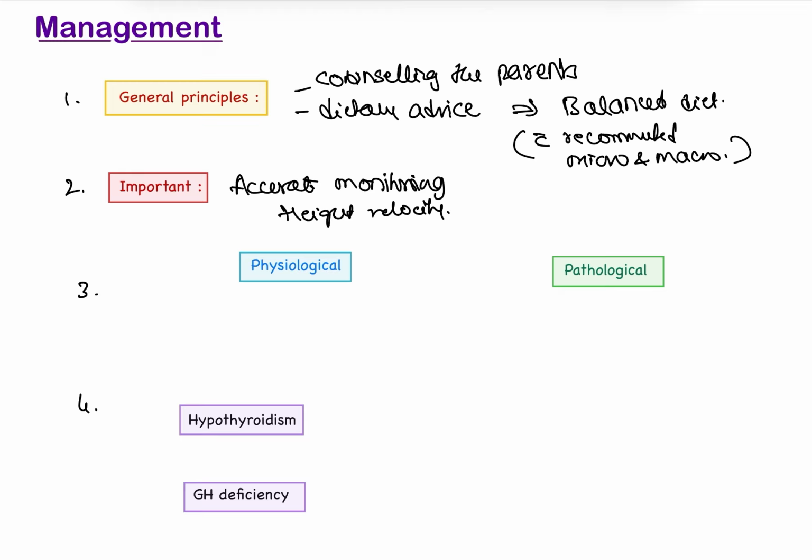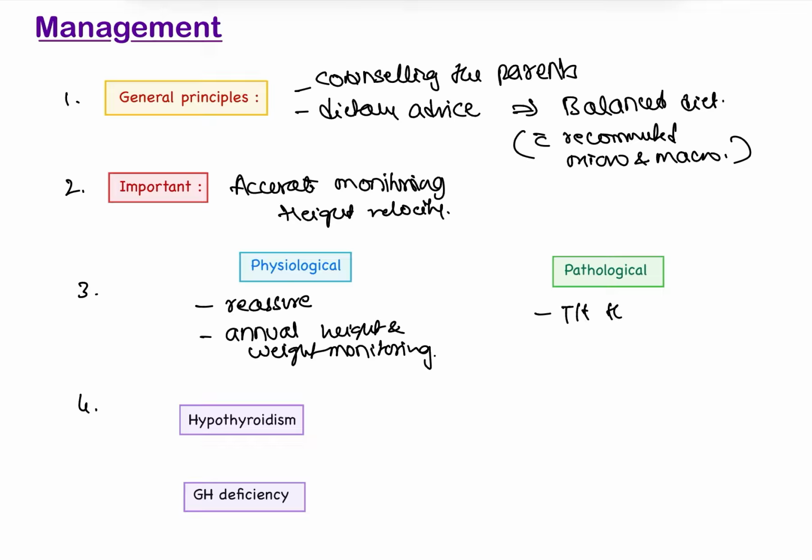In physiological short stature, we have to reassure the parents and we have to do annual height and weight monitoring. That is enough in a physiological cause. In pathologic causes, we have to treat the underlying condition.